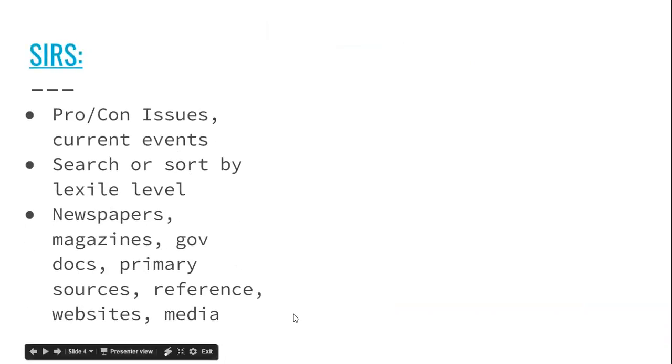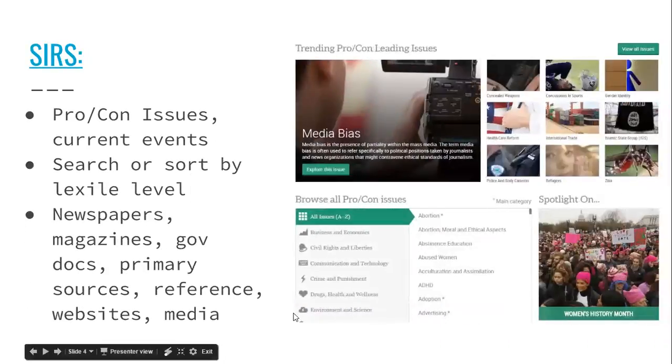Another resource that I recommend for students if they're starting their research is something called SIRS, and it's really good for current events and issues that are somewhat controversial or that have two different sides to them.